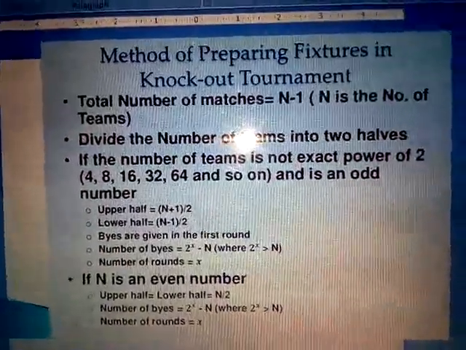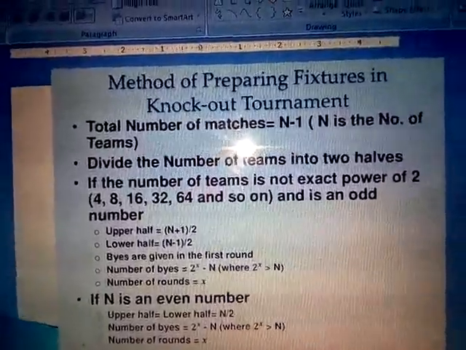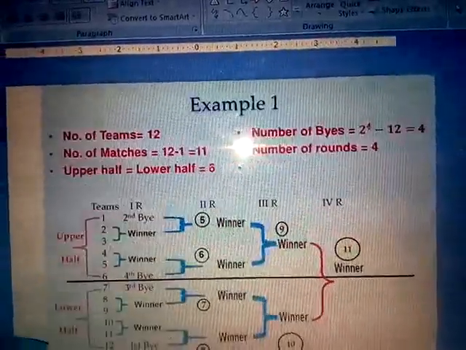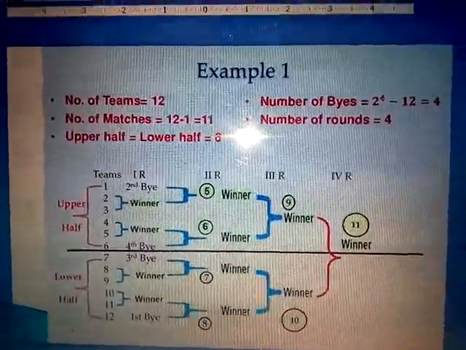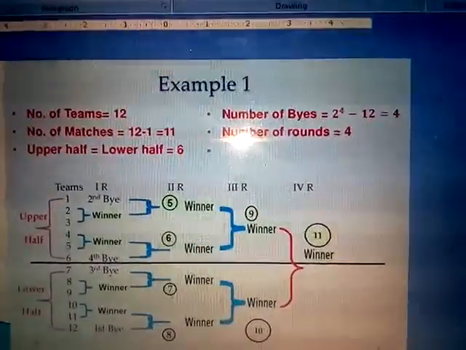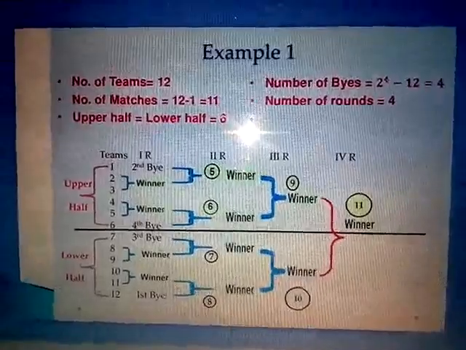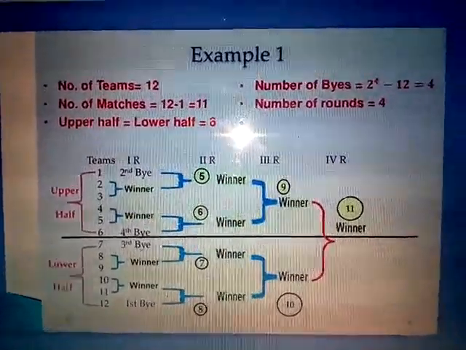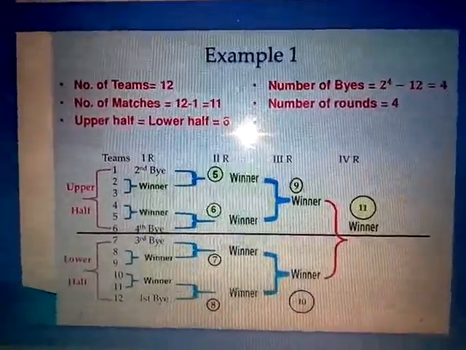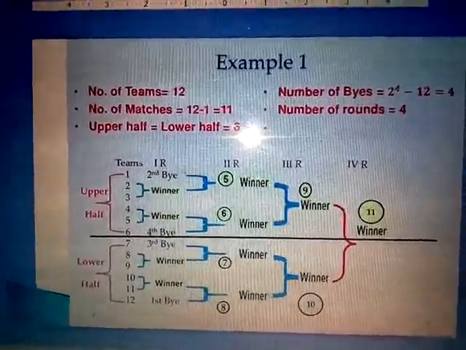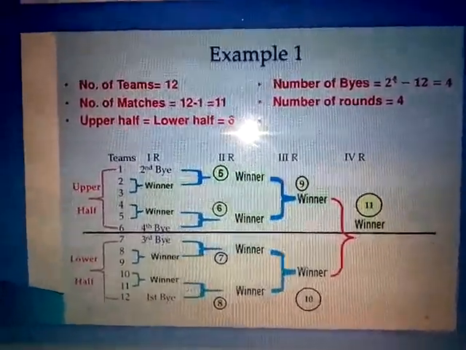We have seen that if the number of teams is a power of 2, the teams are divided equally into the 2 halves. For the number of byes, we have to look at the powers of 2. 2 multiplied by 2 is equal to 4. 4 multiplied by 2 is equal to 8. 8 multiplied by 2 is equal to 16. So the greater number is 16.